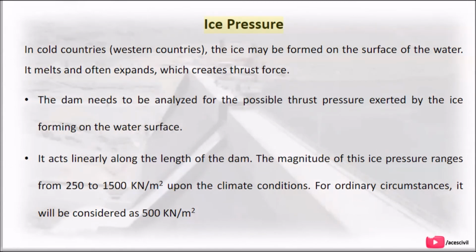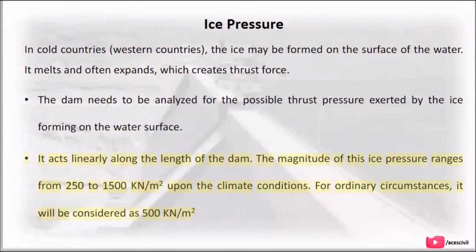Ice pressure. In cold countries, Western countries, the ice may be formed on the surface of the water. It melts and often expands, which creates thrust force. The dam needs to be analyzed for the possible thrust pressure exerted by the ice forming on the water surface.